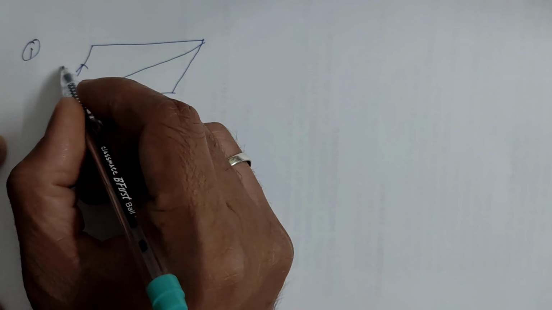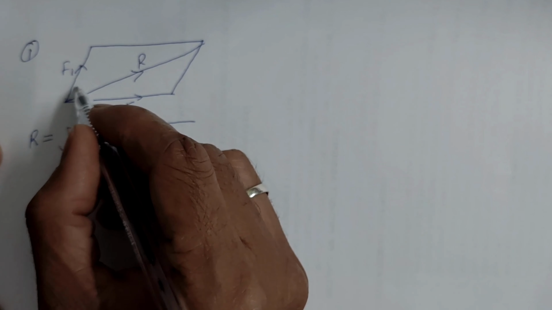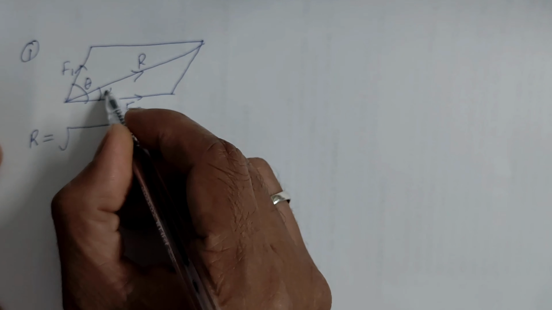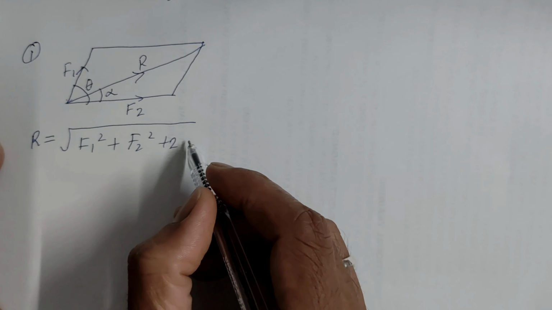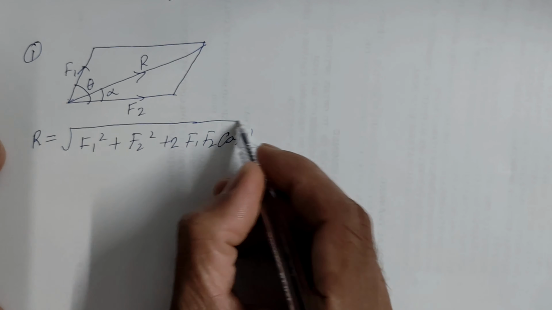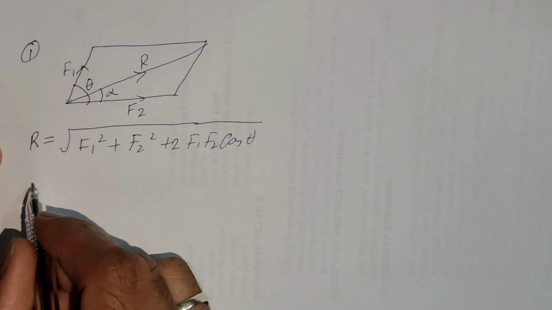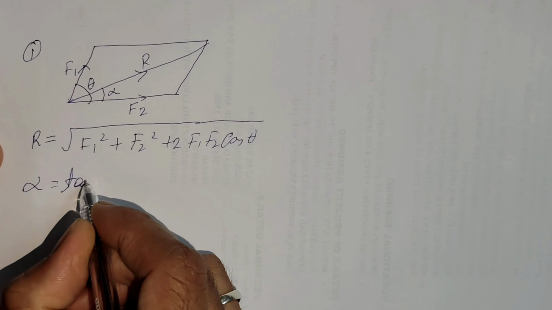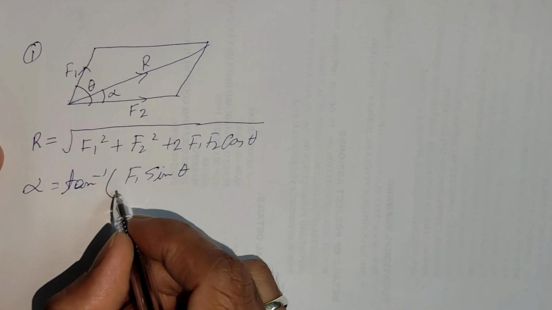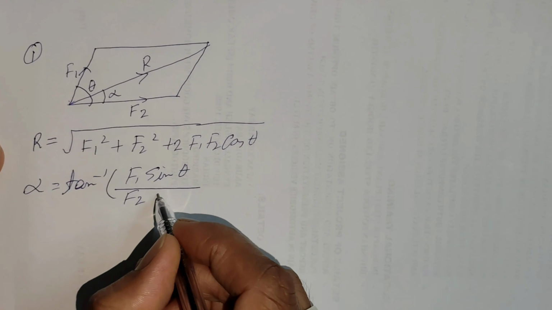Okay, that time we know that R equals root over of, if this is theta and this is alpha, F1 square plus F2 square plus 2 F1 F2 cos theta, and alpha equals tan inverse of F1 sin theta divided by F2 plus F1 cos theta.